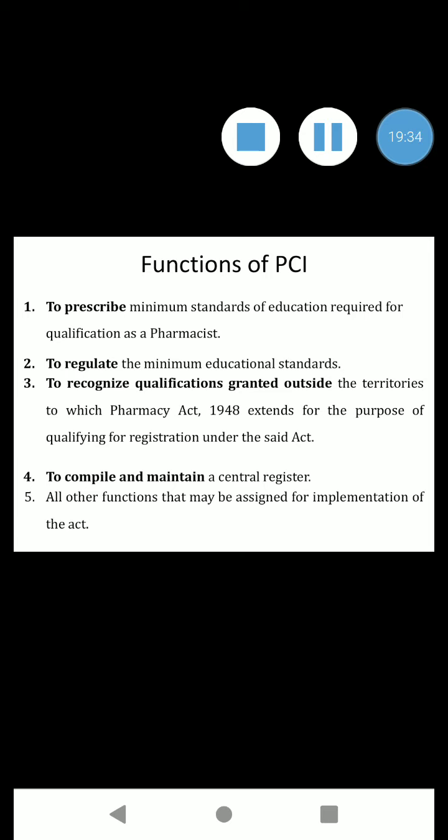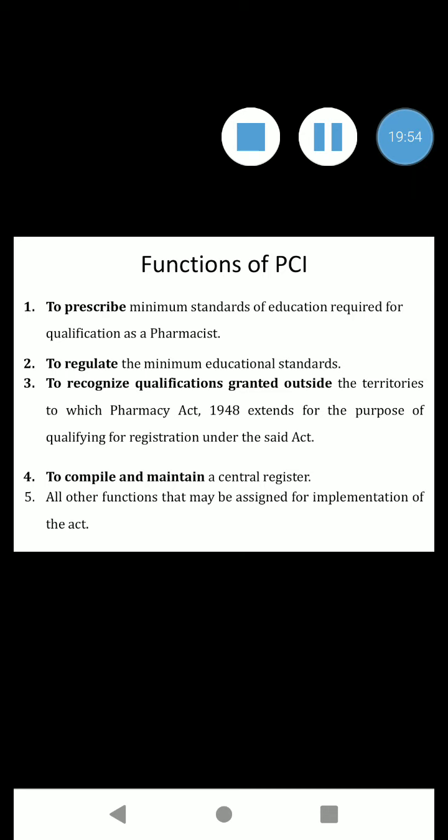This education given to all people will be regulated, and a register is maintained containing the name and address of registered pharmacists. Persons whose names are entered into the register, with their name and address, are known as registered pharmacists.